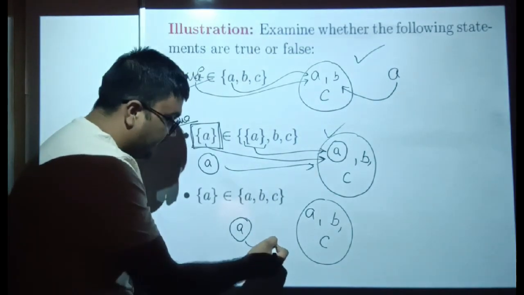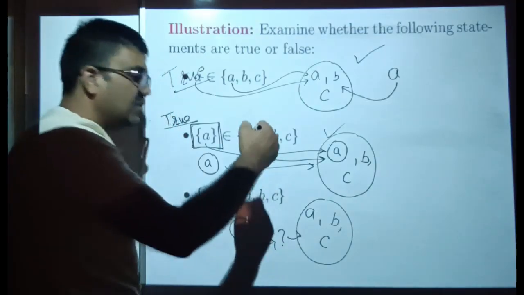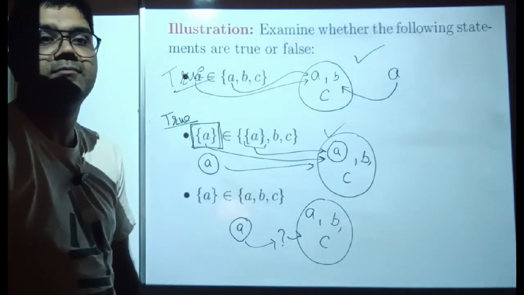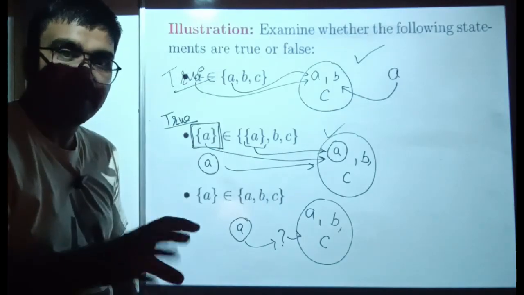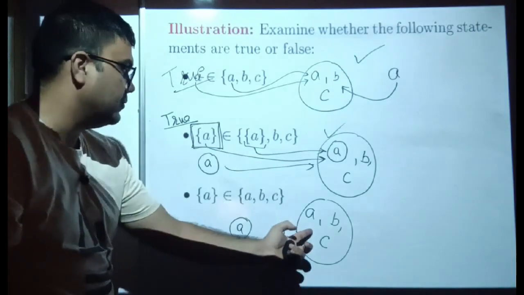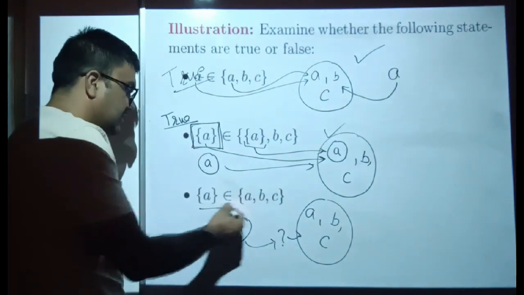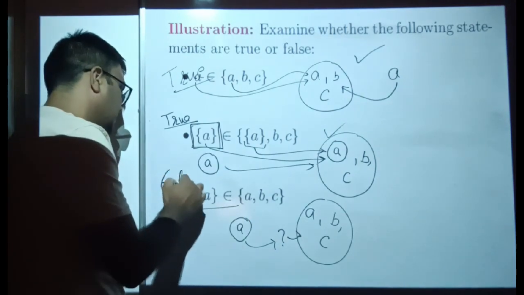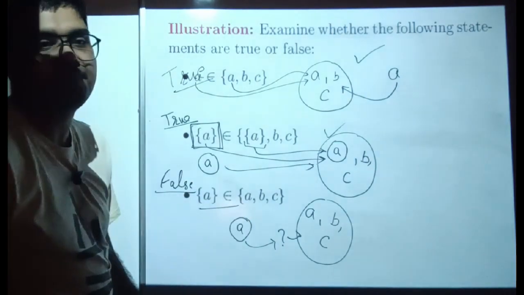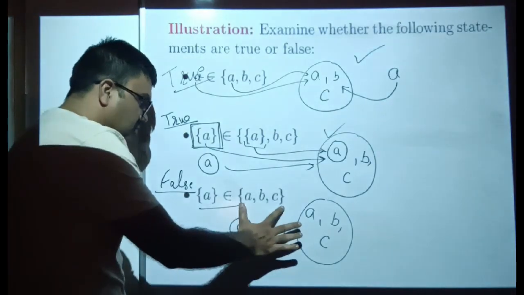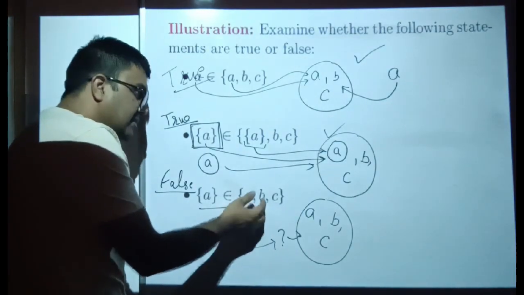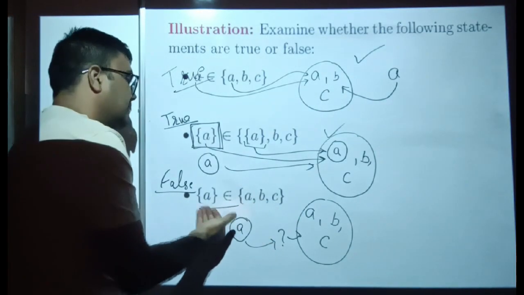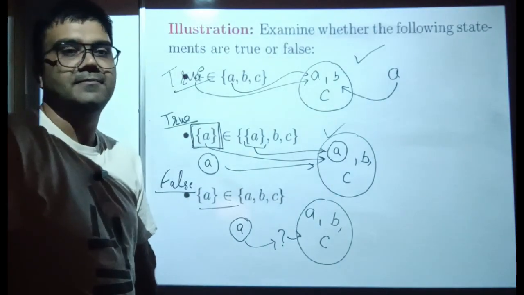We have no element like the set having the element a over here. So we are saying that this statement is false. This set does not contain an element which itself is the set containing the element a.